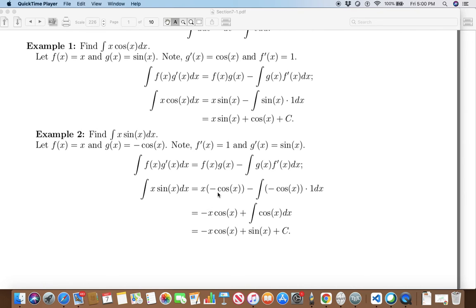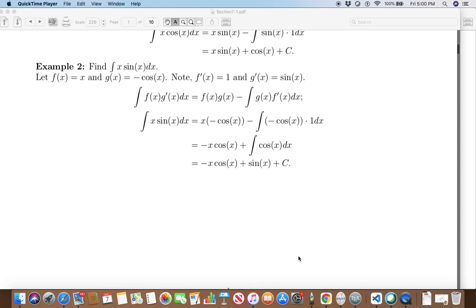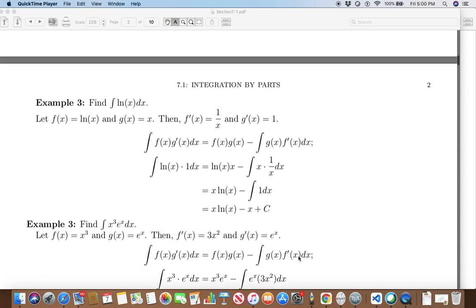So this gives me negative x cosine x, and a negative and a negative is positive, the integral of cosine, which is sine x, plus c. So the integral of x sine x is negative x cosine x plus sine x plus the constant of integration. We'll continue in our next video.